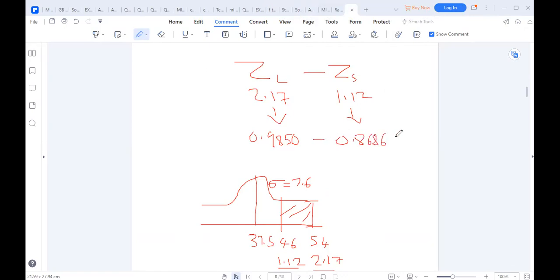When you subtract these two, the difference is your interval, which is 0.1164.